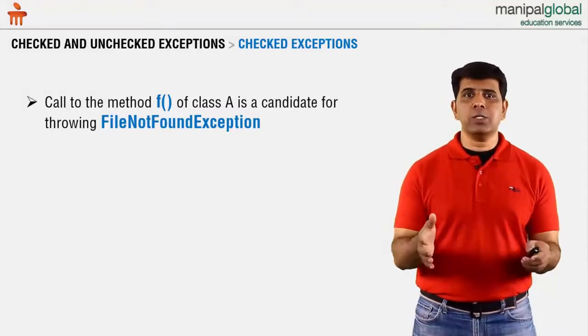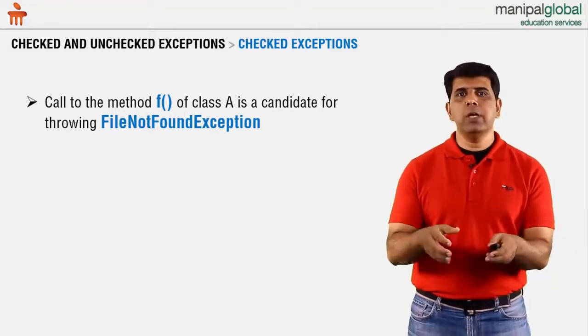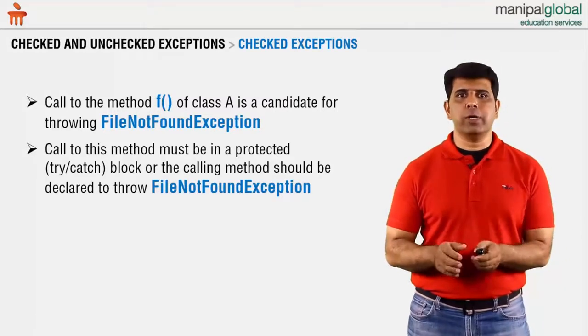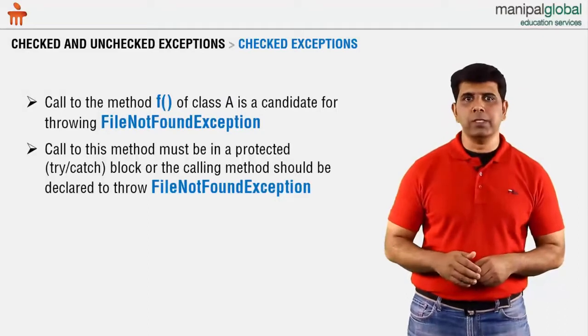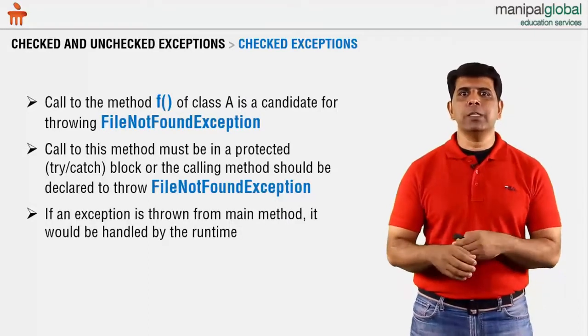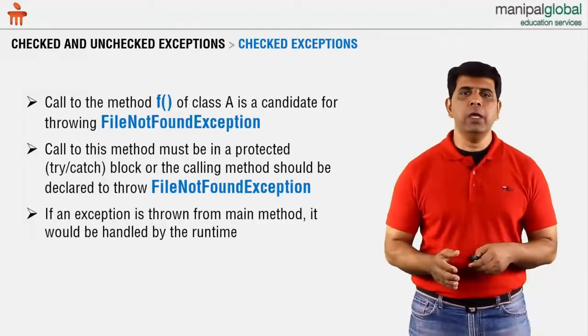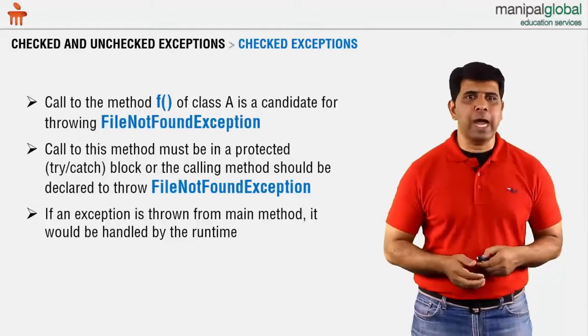It is just like the constructor we used, so someone else using my function f needs to protect their code. So a call to this method must be protected in a try catch, or they should further throw it away. For example, if they are calling this from a main function, it has to be thrown away from the main, and the main function was called by the Java runtime. Java runtime would handle that.